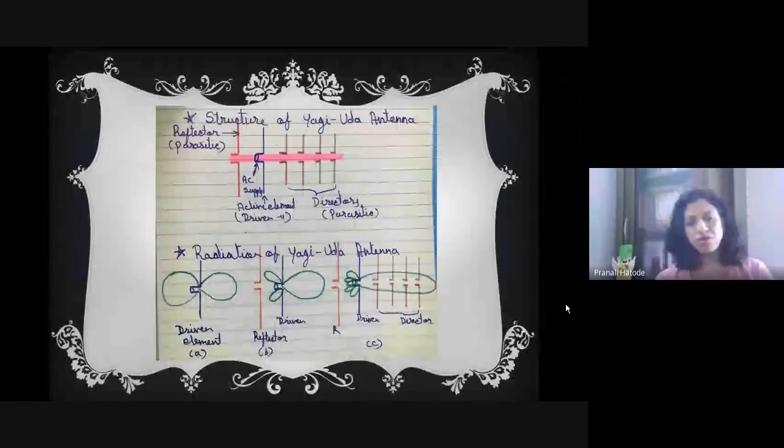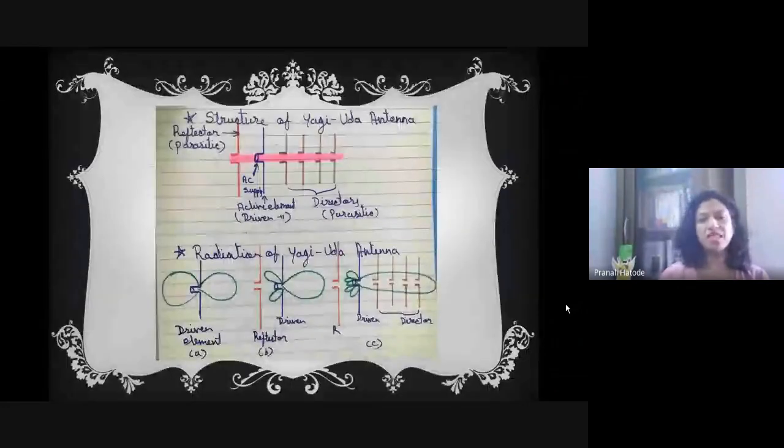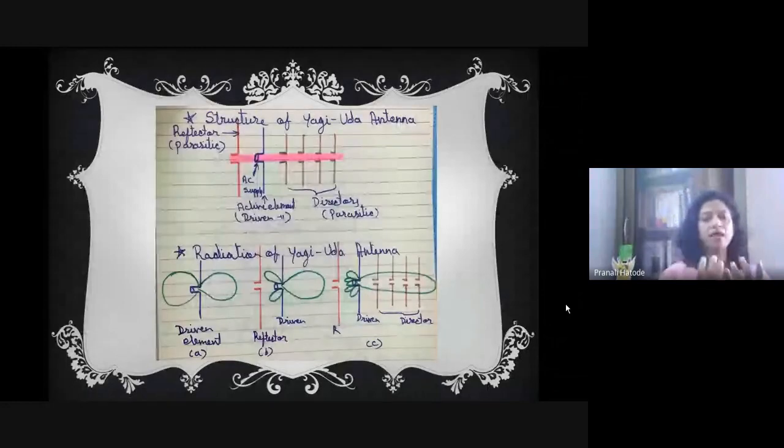Now let us first concentrate on diagram A and understand how a simple dipole will radiate if it is excited with some AC supply. As I have explained in the class many times, a simple dipole gives me an omnidirectional radiation pattern, which looks like a donut shape.